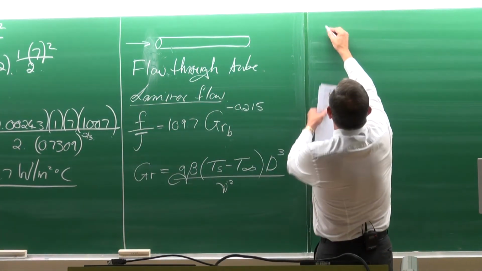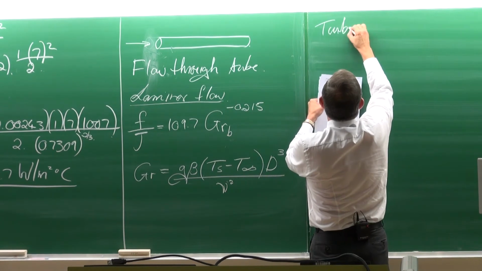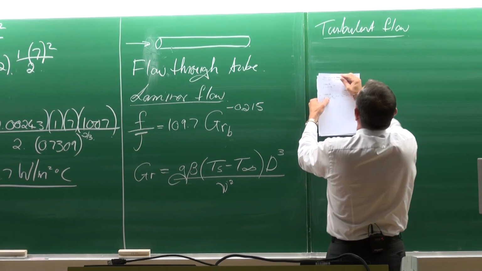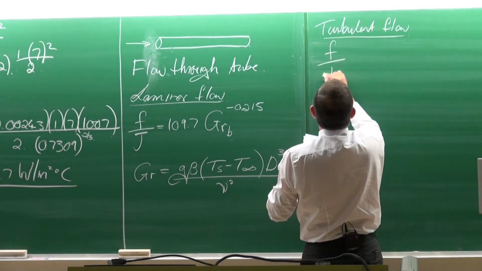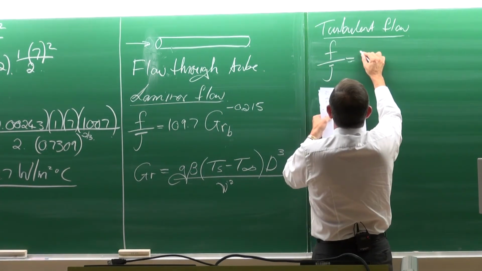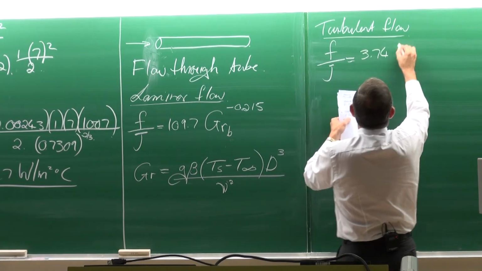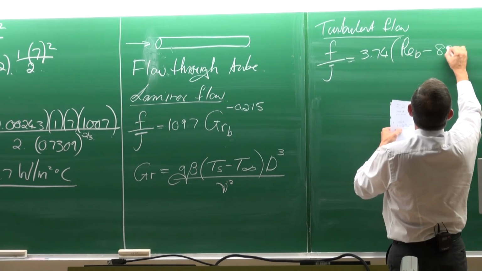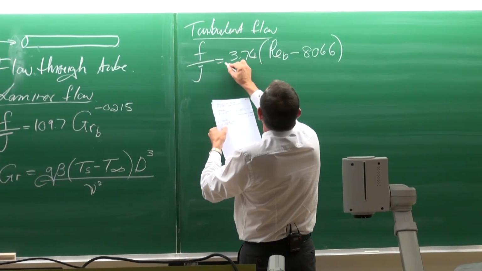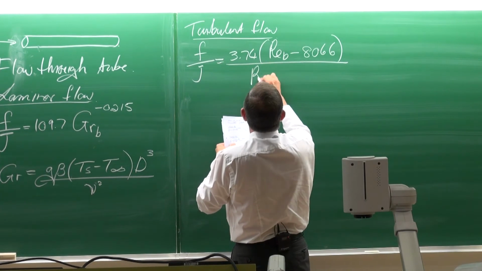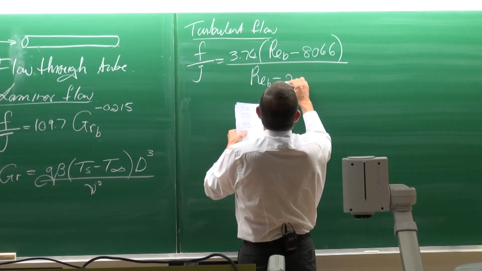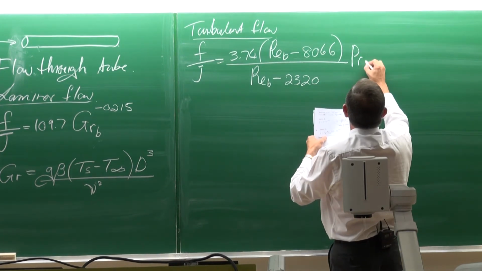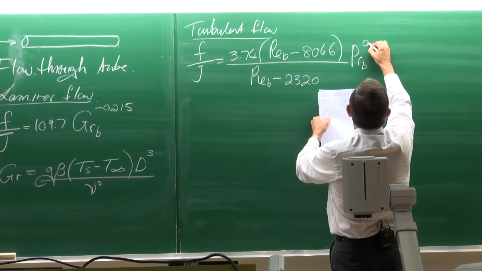Okay, so that's for laminar flow, and for turbulent flow, it is F divided by J is equal to 3.74 multiplied by the Reynolds number based on bulk minus 8077 divided by the Reynolds bulk minus 2320 multiplied by Prandtl bulk to the 0.42.